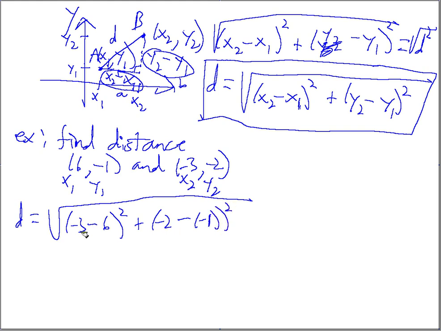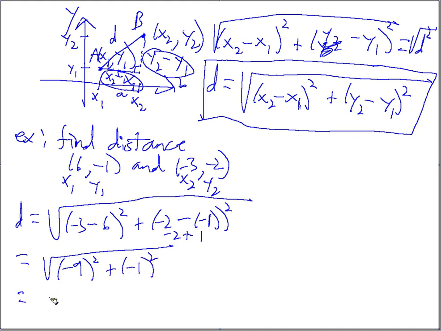So again, let's simplify this step by step. So we're going to get square root of -9 squared, -3 minus 6, right? Again, this is essentially -2 plus 1 if you do some work there, but that's going to be what? -1. So plus -1 quantity squared.